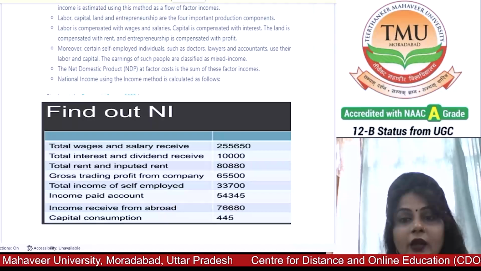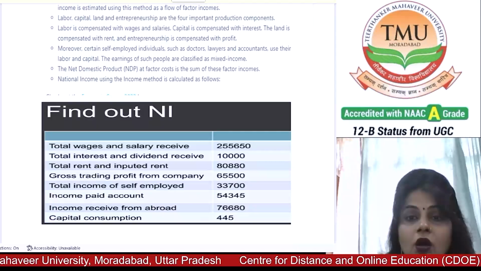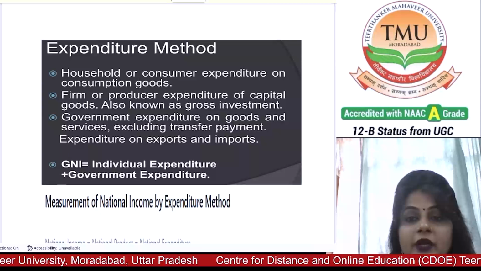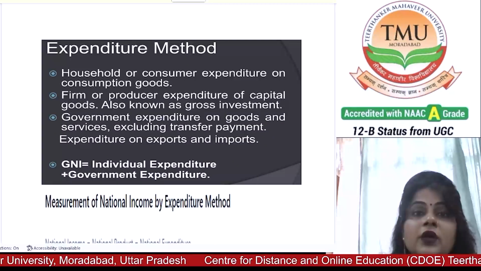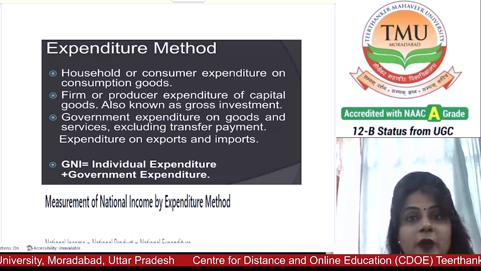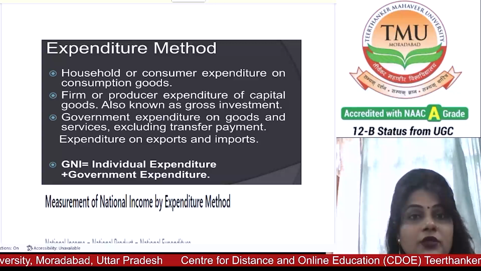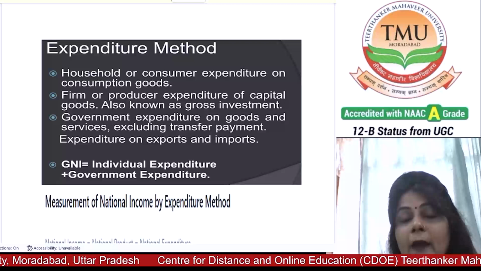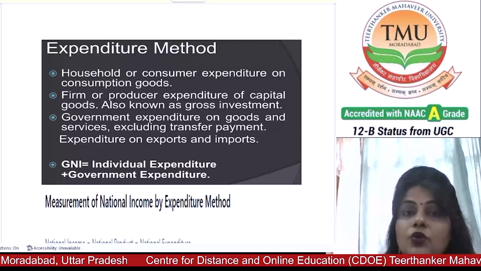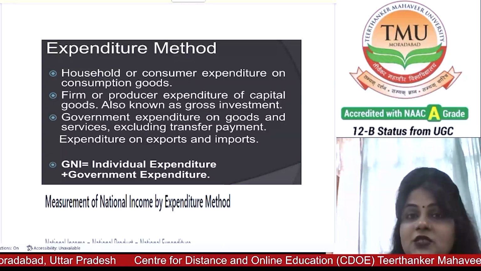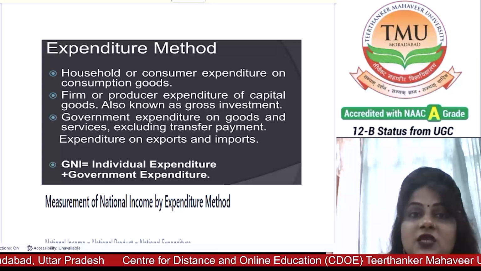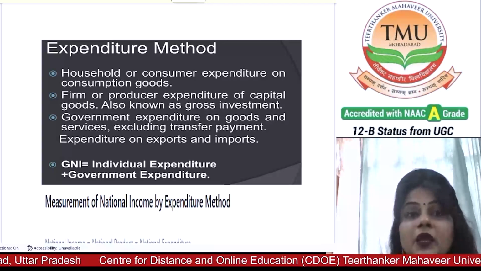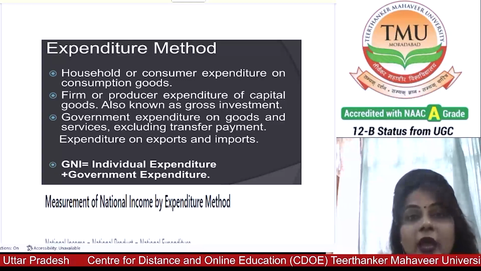Hope students, you well understood the income method of the national income. Now we discuss the expenditure method. Expenditure method: household or consumer expenditure on consumption goods, firms or producer expenditure on capital goods, also known as gross investment, government expenditure on goods and services, excluding transfer payments, and expenditure on export and import.